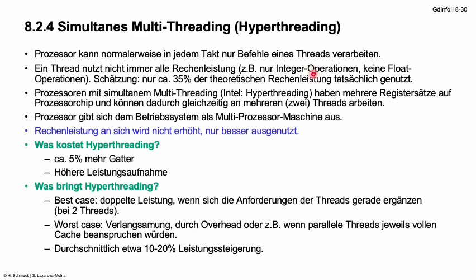So in general, a CPU works at a single time only on one task, which means processors can normally process only commands from one thread in each cycle. However, these threads do not use the whole computing power of the processor.